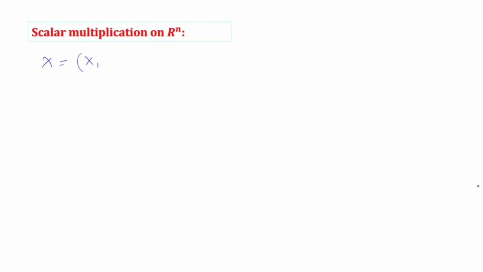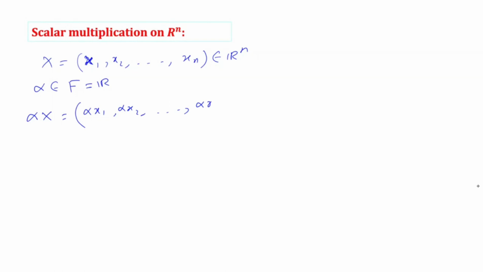Next is how to define the scalar multiplication on Rn. Let x equal (x1, x2, up to xn) belong to Rn, and alpha be from the field, which here is the real numbers. Then alpha x, the scalar multiplication of scalar alpha with vector x, is given as (alpha x1, alpha x2, up to alpha xn).